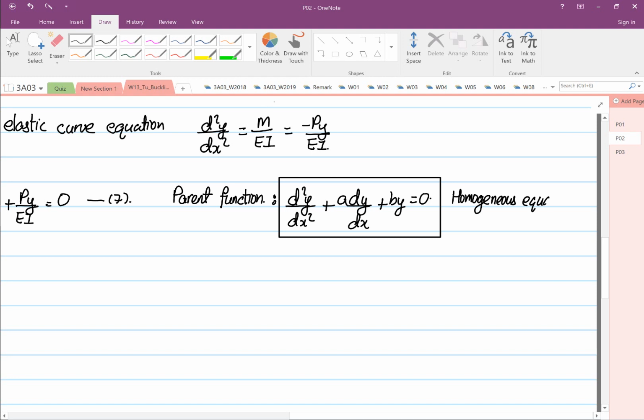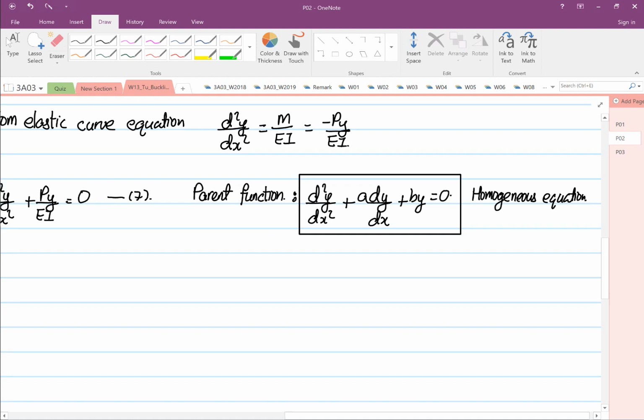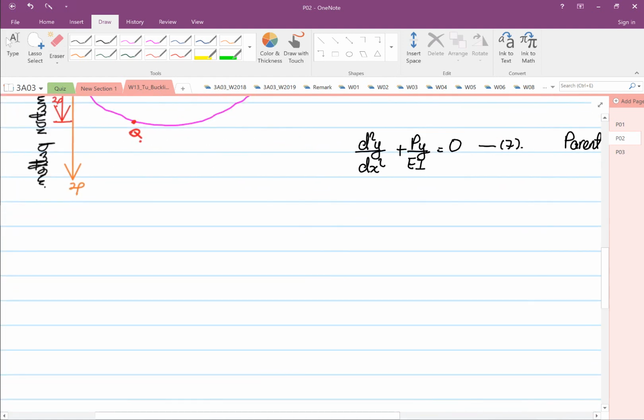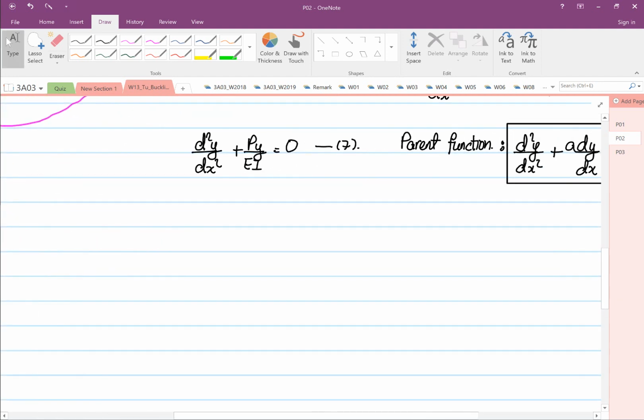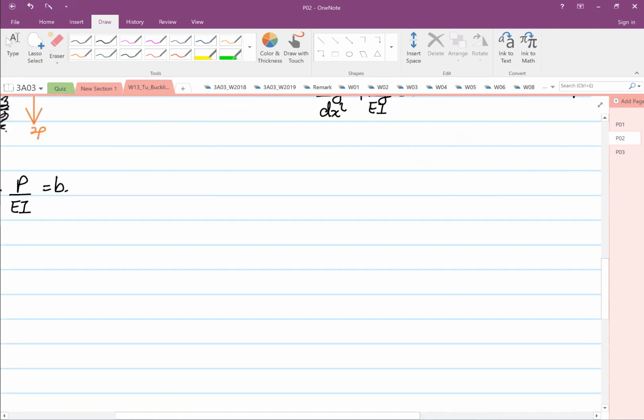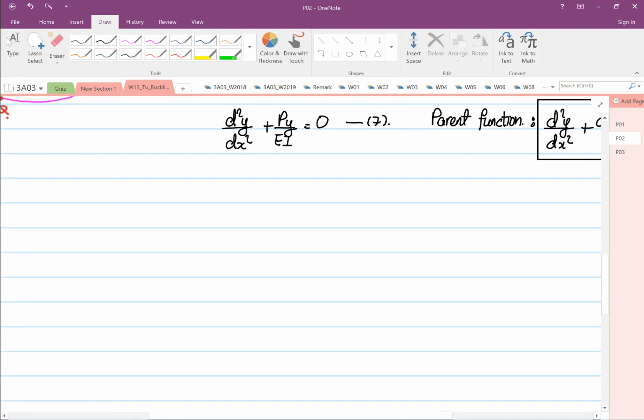What I'm going to do now is let small p squared be equal to big P over EI, and this will be equal to my C.